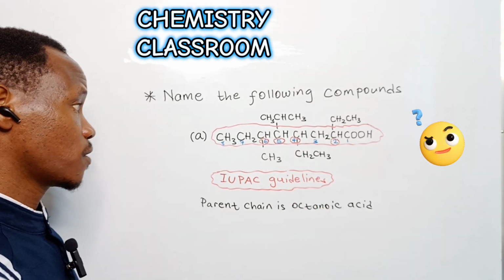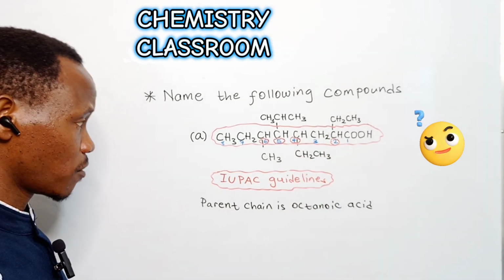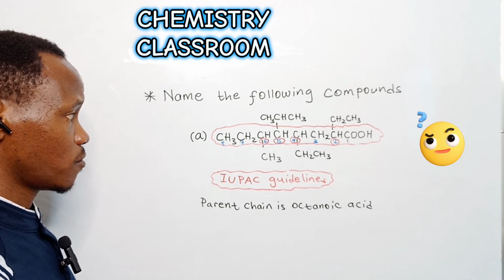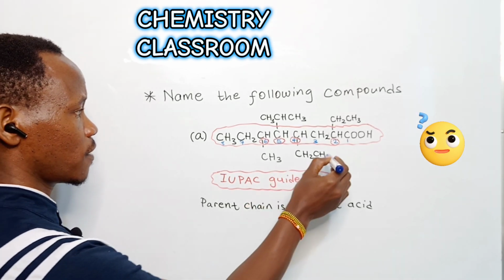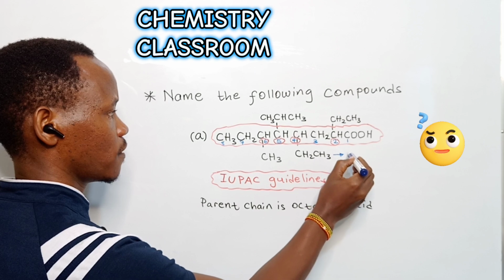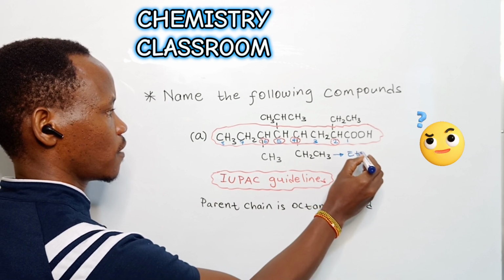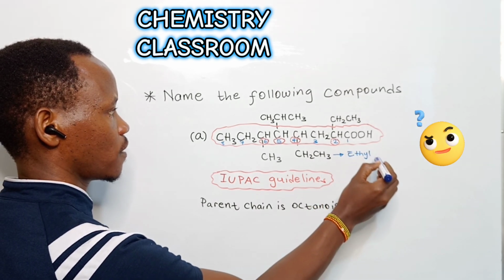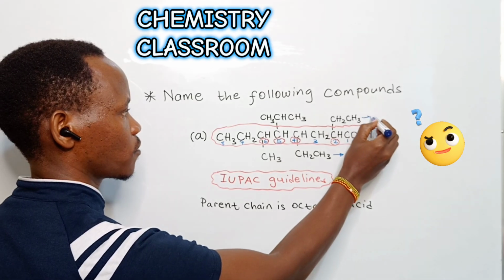Why? Because on these positions, the carbon atoms have substituents, and we have seen previously that this type of substituent is simply an ethyl group, and so is this.